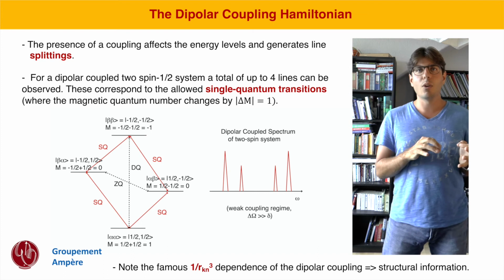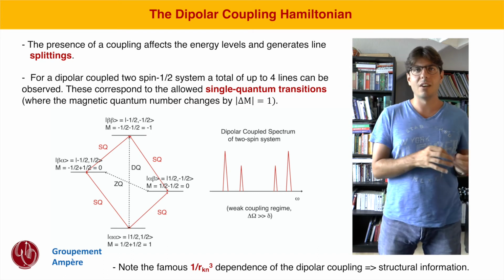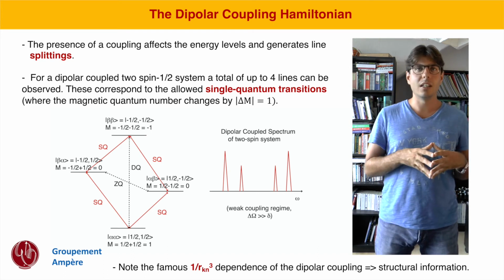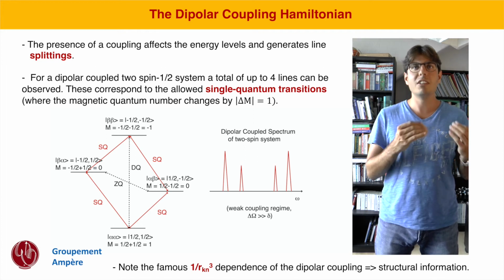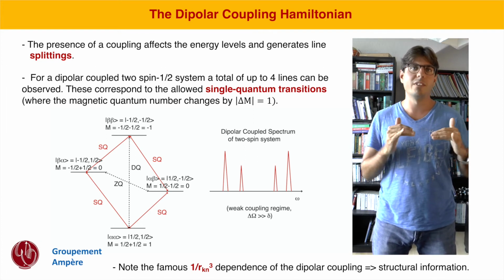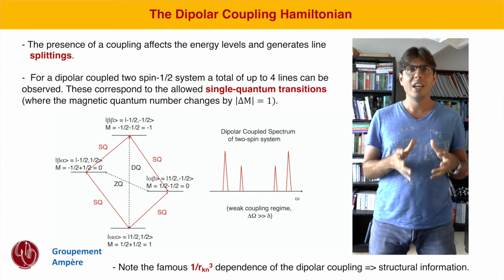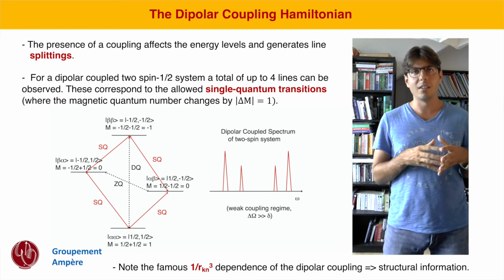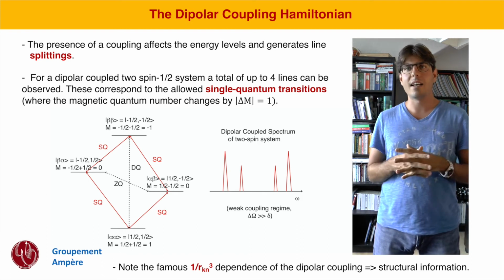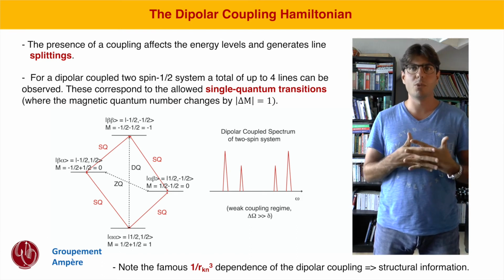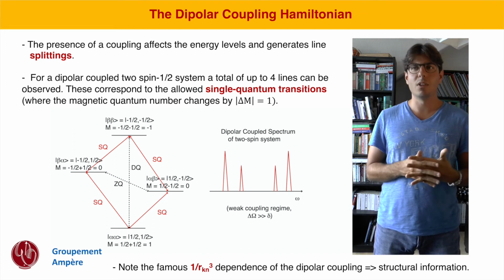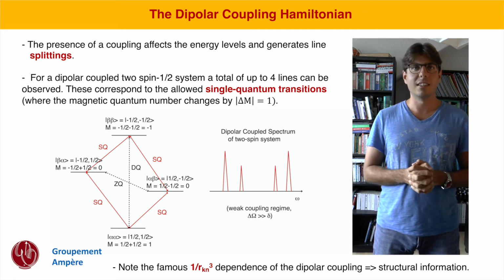There is a whole theory behind which transitions are allowed and which are not, which has to do with which transitions are expected to have zero intensity. The summary is that in principle you can only observe transitions with delta m equal to 1, so only the single quantum transitions when you just excite normally.